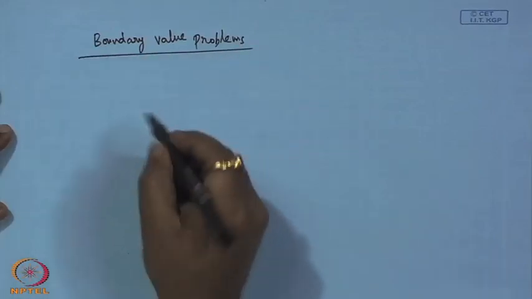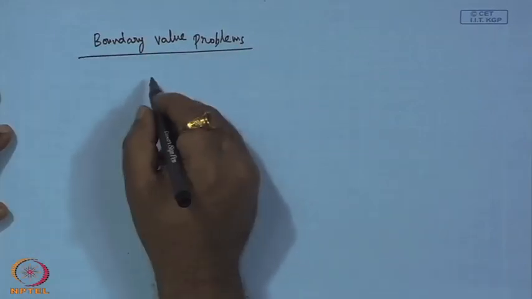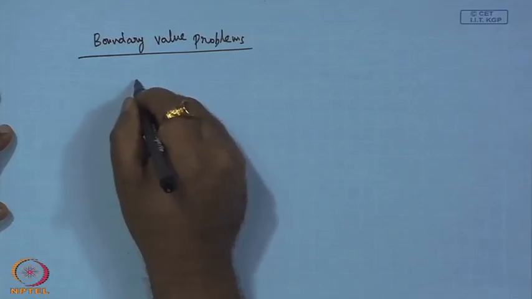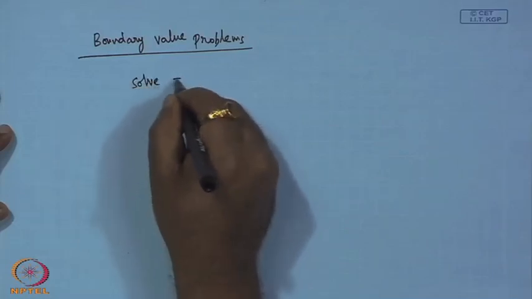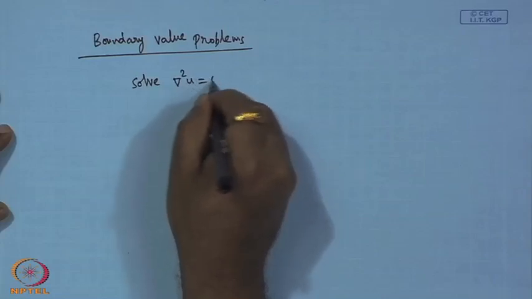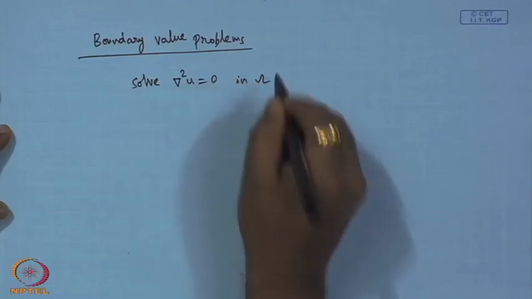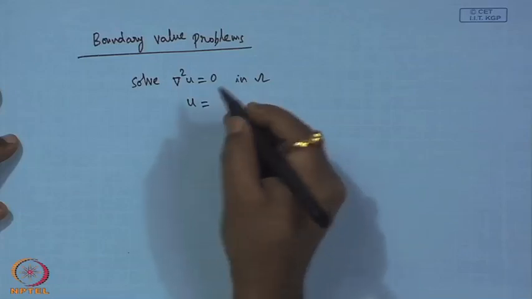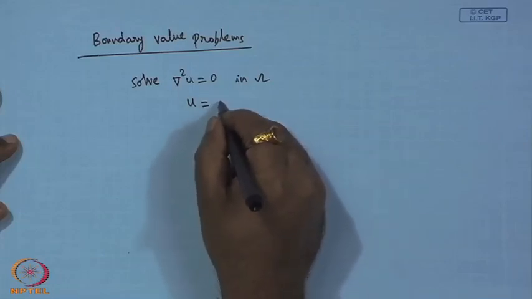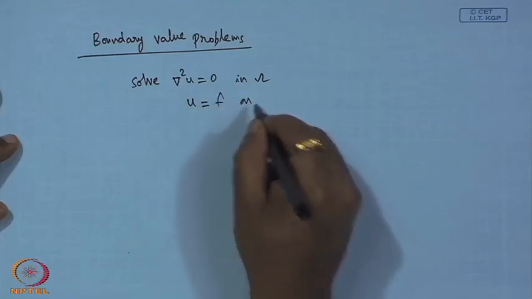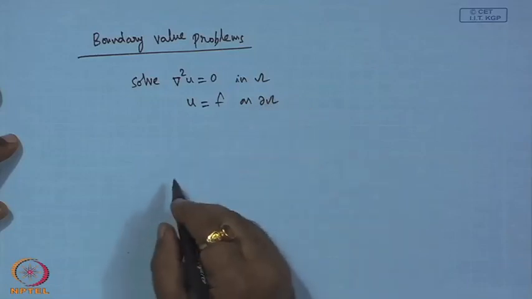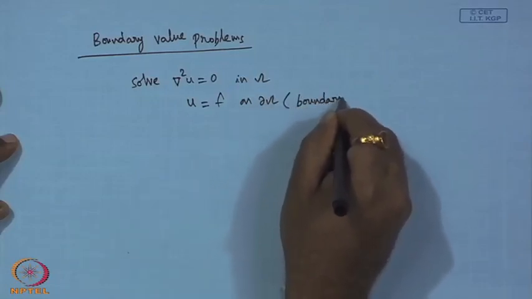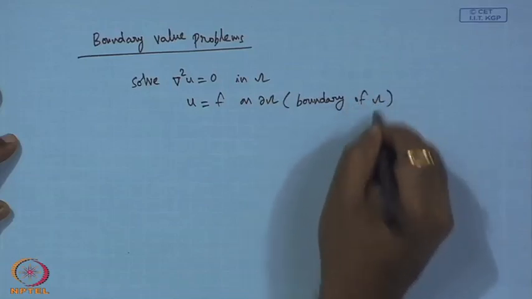The boundary value problems that are possible for the Laplace equation: solve del square u equals 0 in omega, with u equals some f on the boundary of omega.